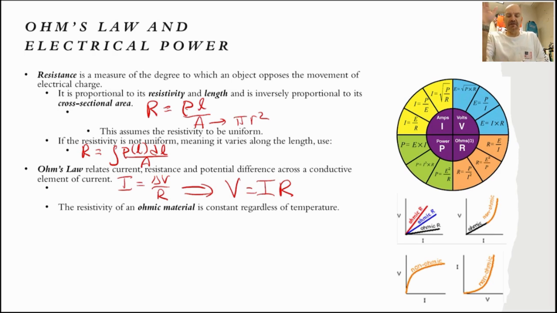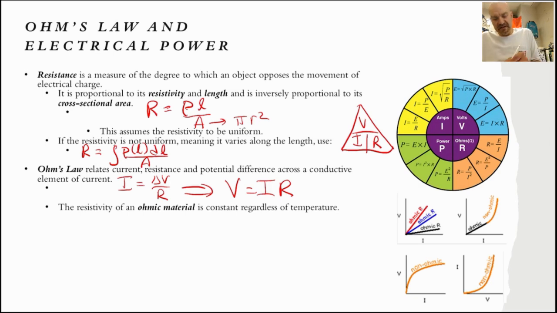What you see over here to the right includes power, which we'll get to in a second. If you search on Google for Ohm's law, one of the suggested searches is going to be the Ohm's law triangle. This is just a way for you to help solve for it.